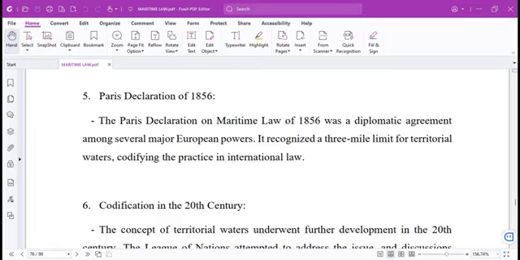It was agreed upon among several major European powers, countries, nations.